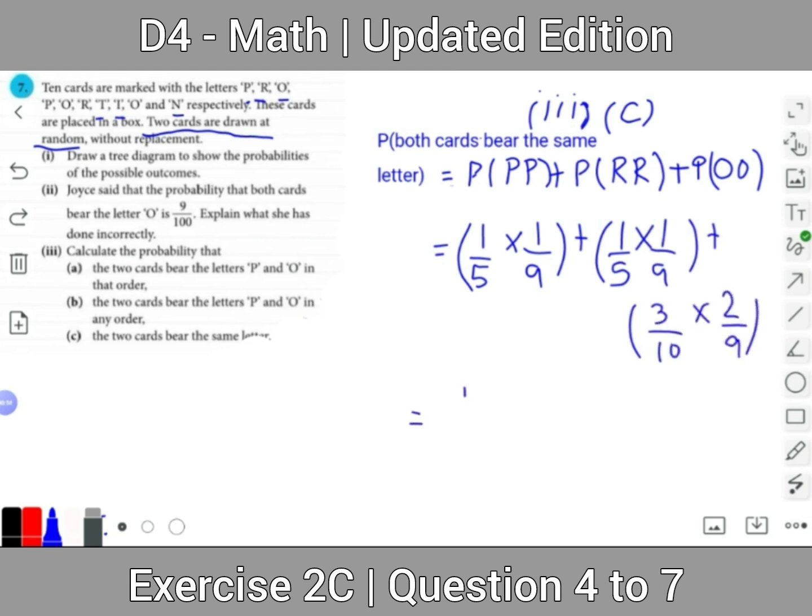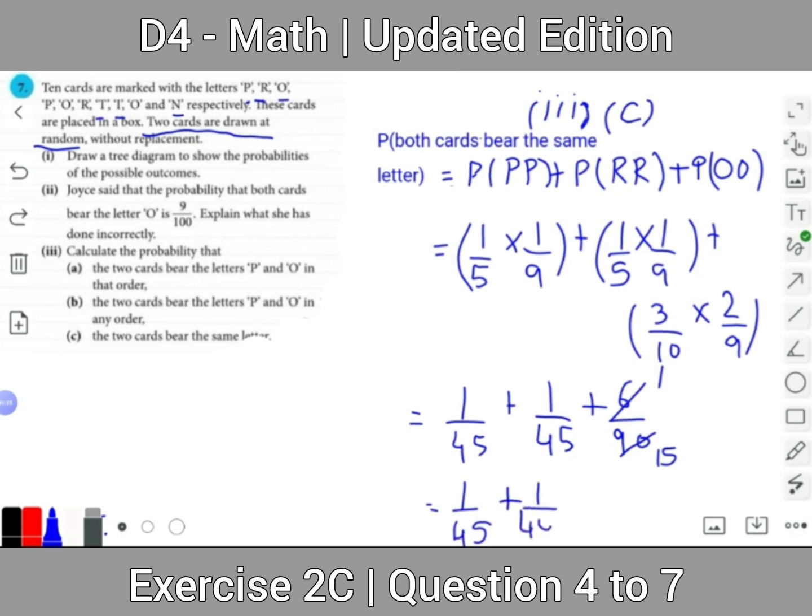Now after multiplications we will get 1 over 45 plus 1 over 45 plus 6 over 90, which simplifies to 1 over 15. So we have 1 over 45 plus 1 over 45 plus 1 over 15.